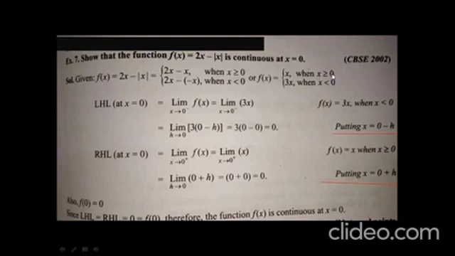If you put x equal to 0, the value of the function becomes 0. So we can write f(0) equal to 0. The left hand limit is equal to the right hand limit, and it is also equal to f(0). Therefore, the function is continuous at x equal to 0.